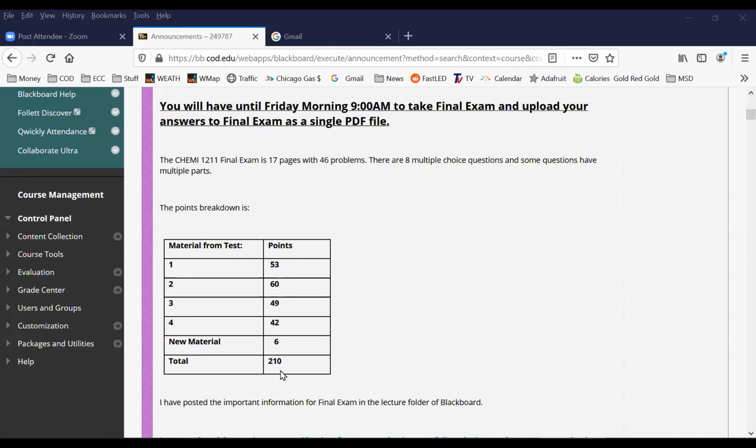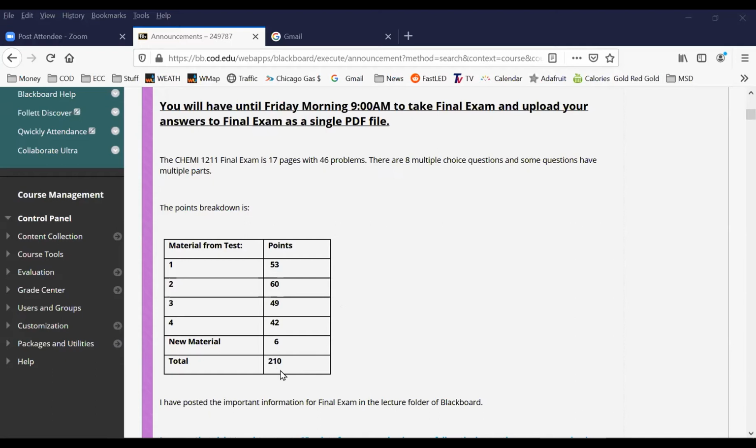Now, let me talk about this. I've given this final or similar ones many times here at COD. I can tell you this, if we were in a classroom, average student will take you about an hour and 20 minutes to finish it. But normally in a classroom, you'd have 2 hours, but if you need a little extra, that's fine.